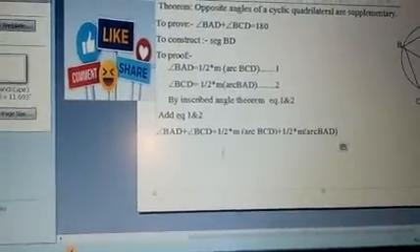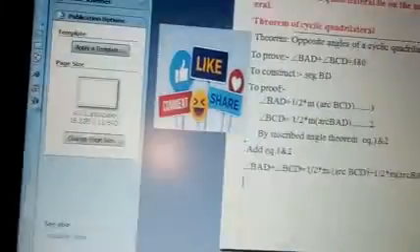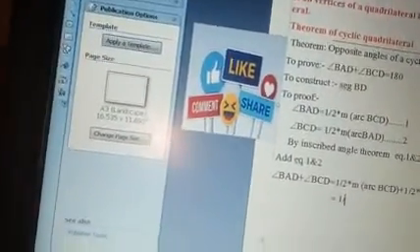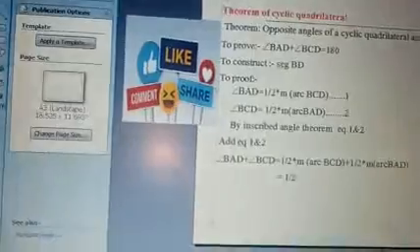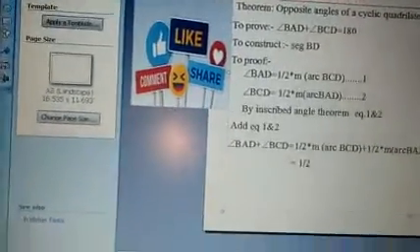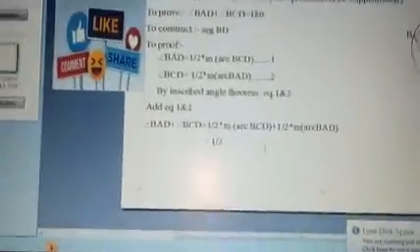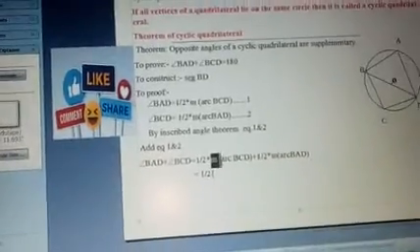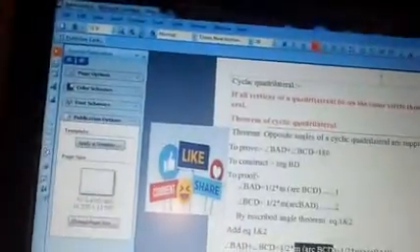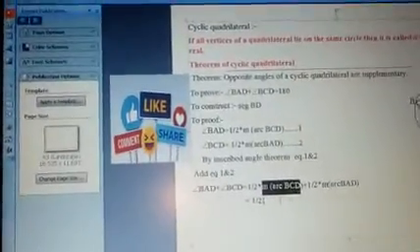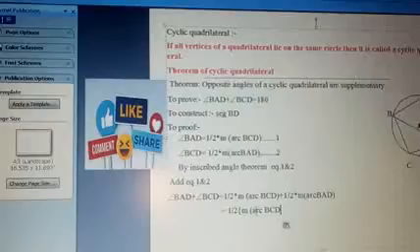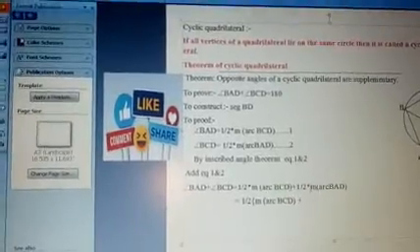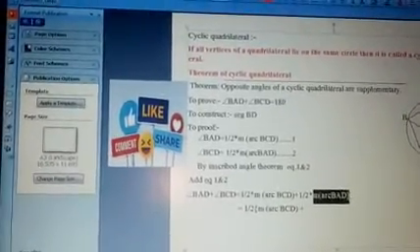If we take half common, then what remains is the measuring arc BCD plus the measuring arc BAD.